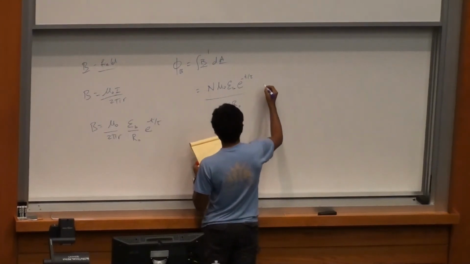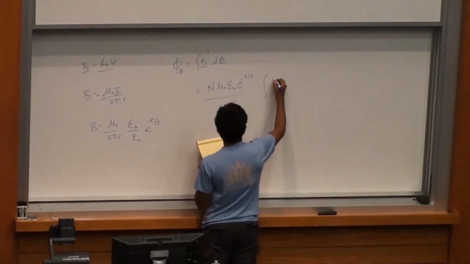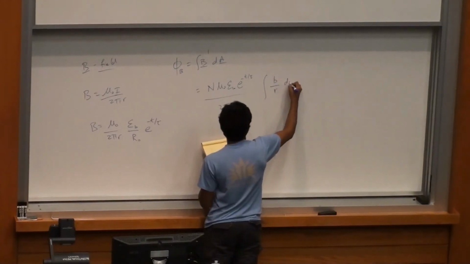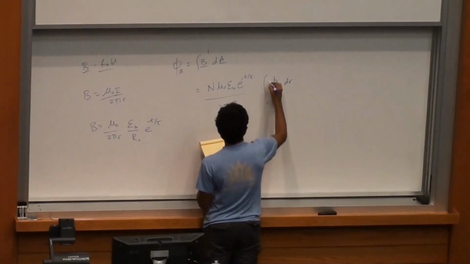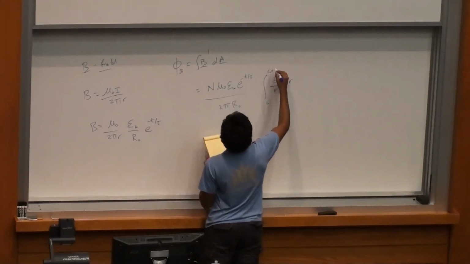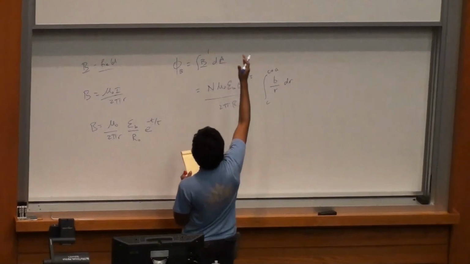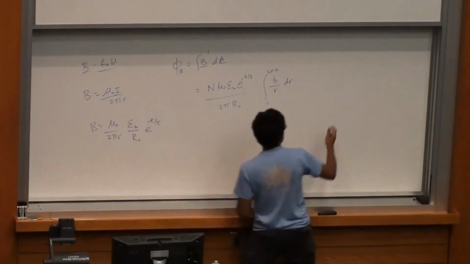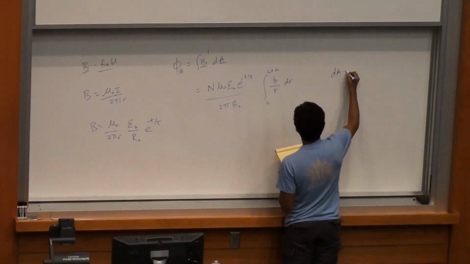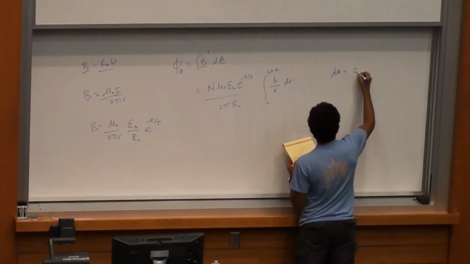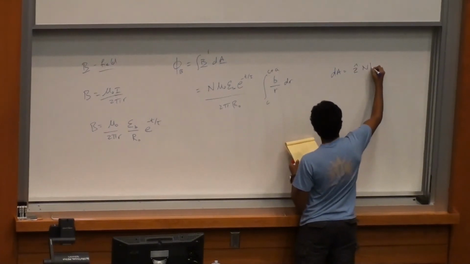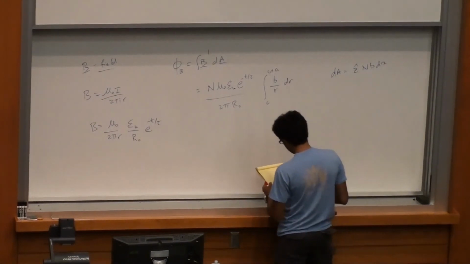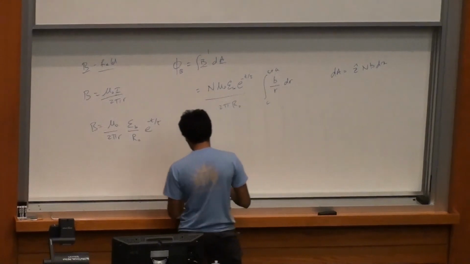And of course we have to integrate B over R dr. It goes from C to C plus A. So basically what I'm saying is my dA vector is in the z hat direction, and B dx for that small circuit.